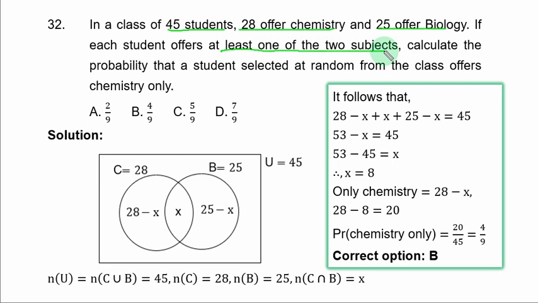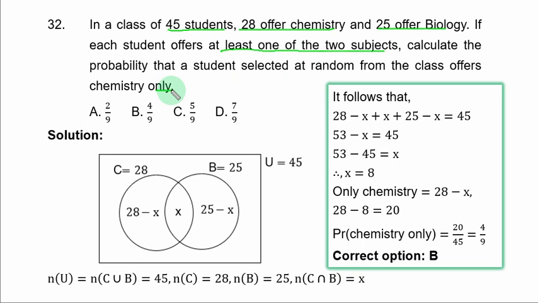Calculate the probability that a student selected at random from the class offers chemistry only. So we need to get those that offer only chemistry. So we have to do that using Venn diagram.